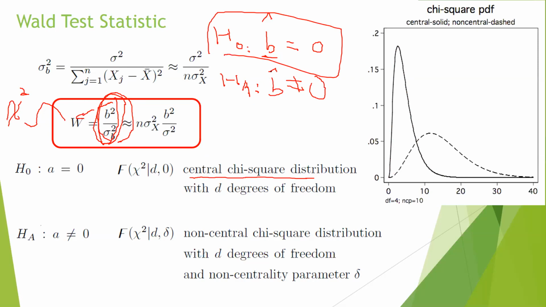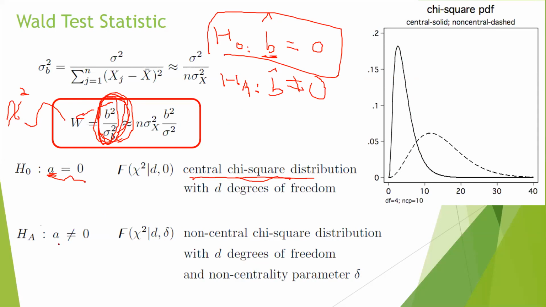So if B equals 0, meaning the additive effect equals 0, then this test statistic follows a central chi-square distribution, which is the solid line in this graph.